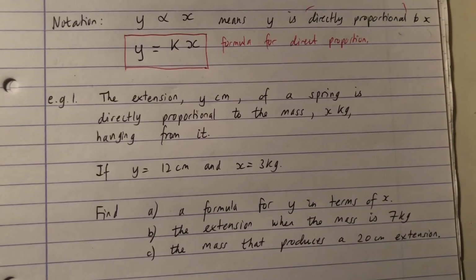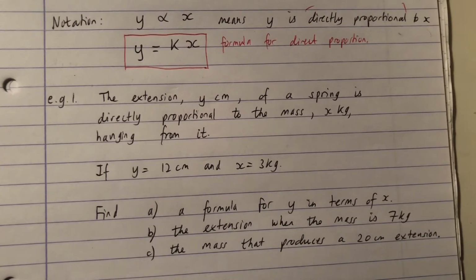It's actually something called Hooke's law, but in maths we're not going to call it that. We can create the formula without even knowing it's called Hooke's law. Given some information, the extension is 12 centimeters when the mass is 3 kilograms, we're asked to find firstly a formula for y in terms of x.